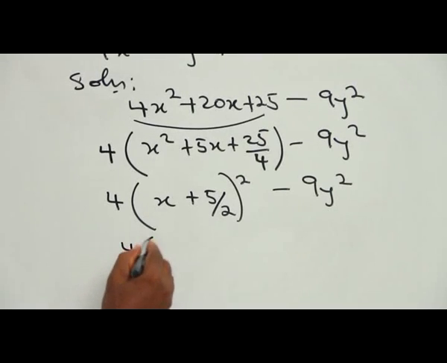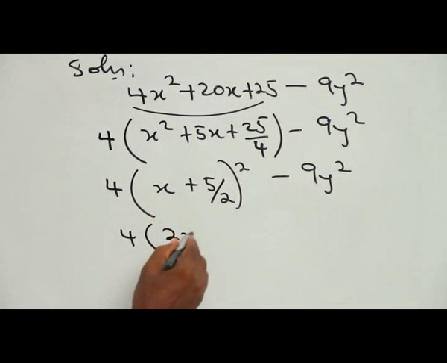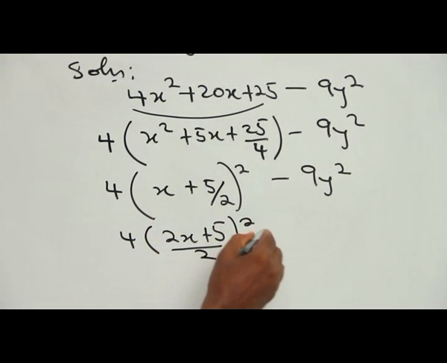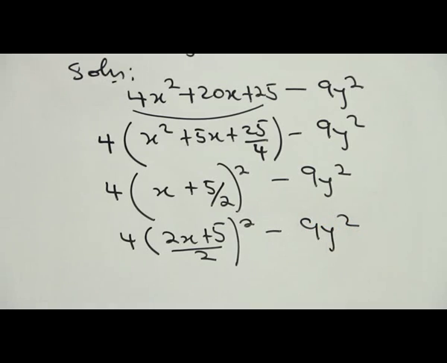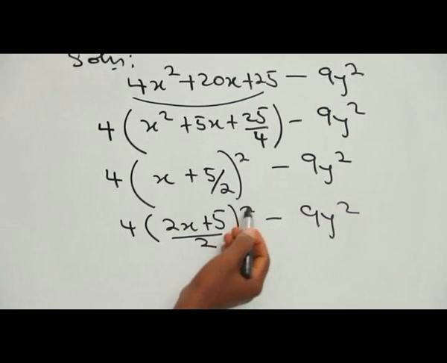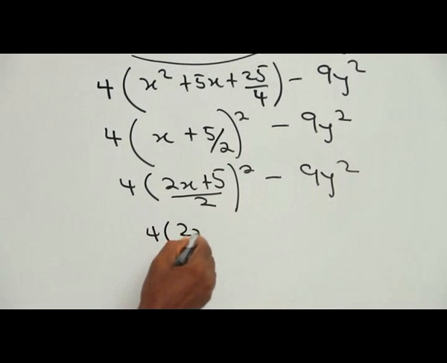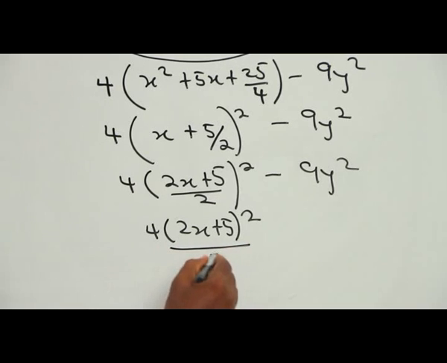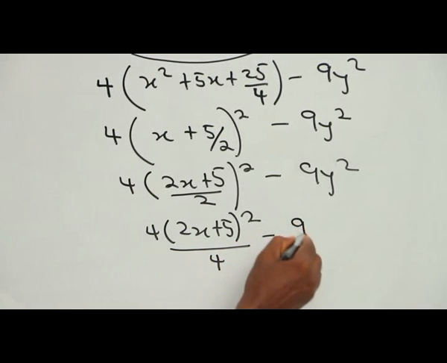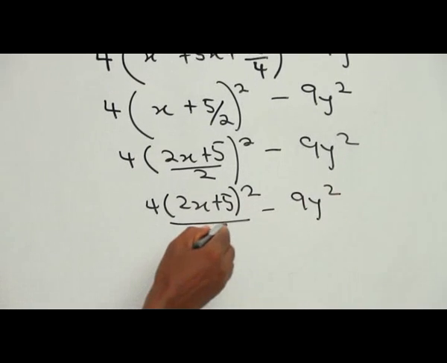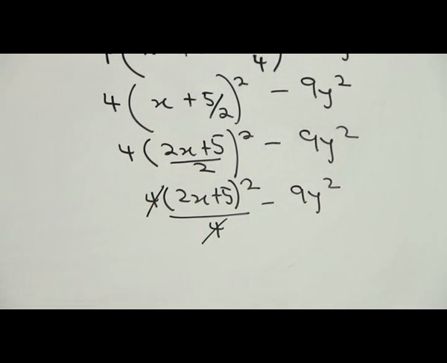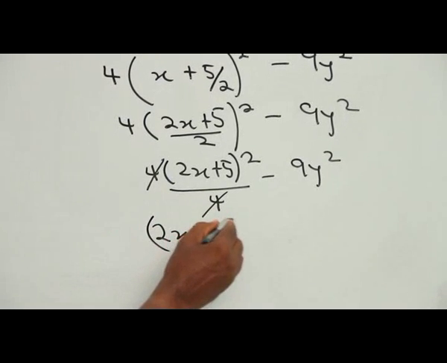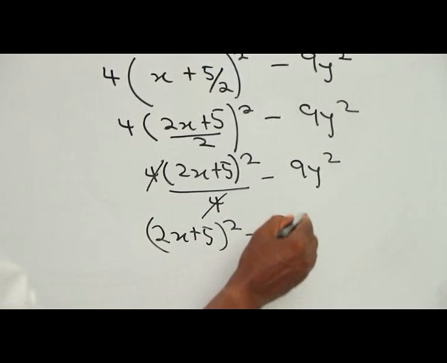Now, this actually means 4 into (2s plus 5 all over 2) all squared minus 9y squared. 2 is squared, so it becomes 4 into (2s plus 5) all over 4, minus 9y squared. So this 4 will cancel this. You are now left with (2s plus 5) all squared minus 9y squared.